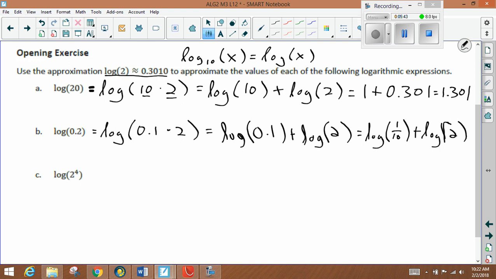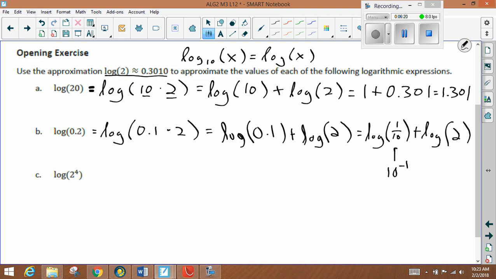Sorry, that is the worst looking parenthesis of my life. Okay. 10 to what power is 1/10? Yes. -1. Why is that? Because this is the same thing as 10 to the -1 power, right?